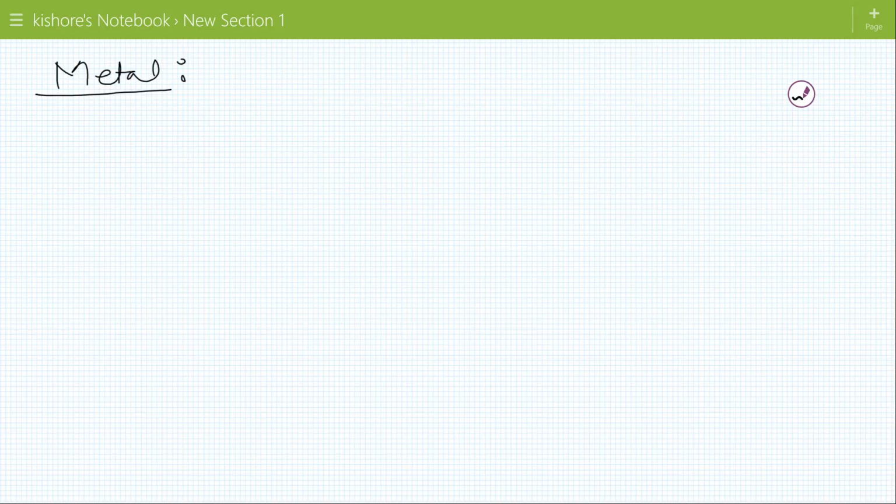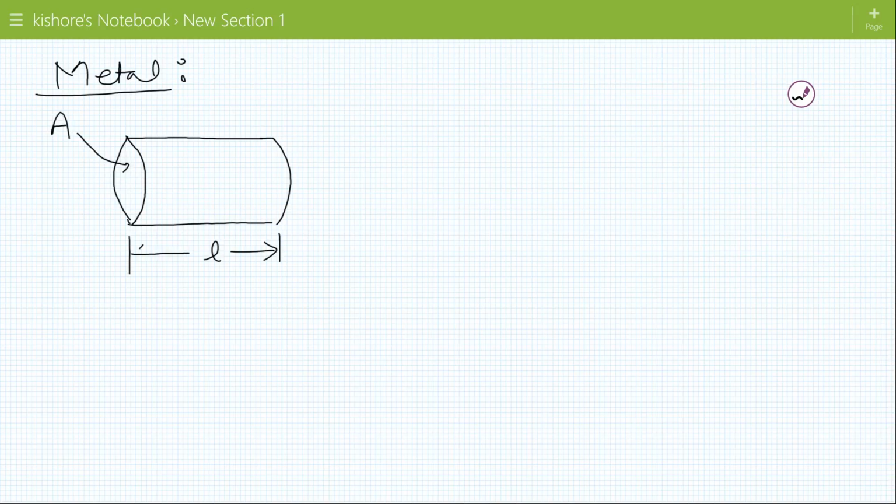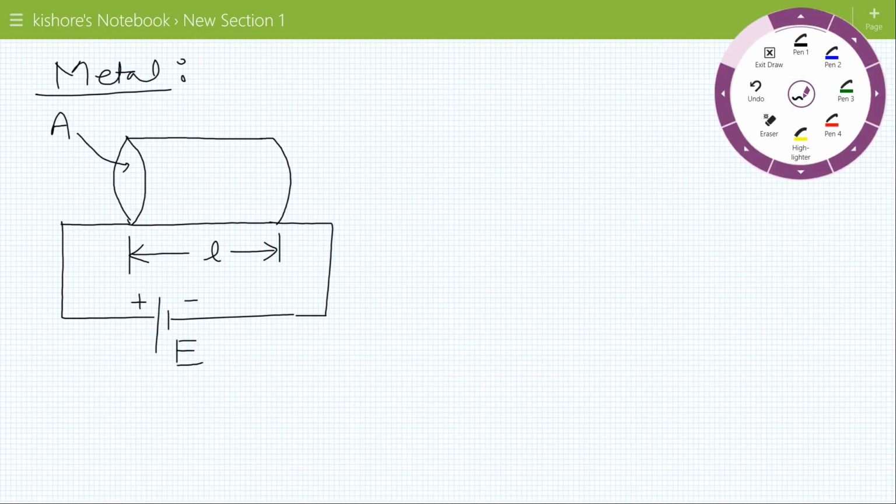If we have a piece of conductor with cross sectional area A and length of conductor is L, this conductor is connected to the excitation external voltage V.